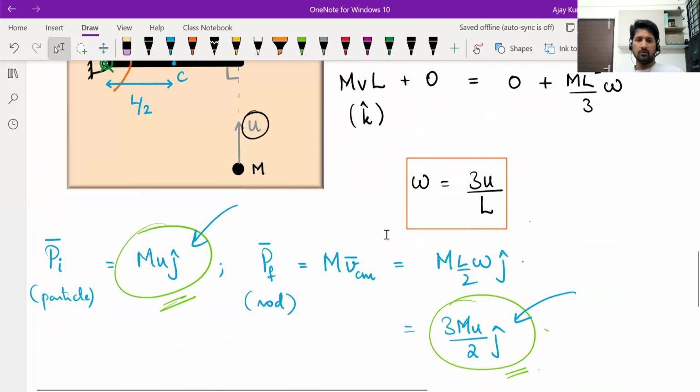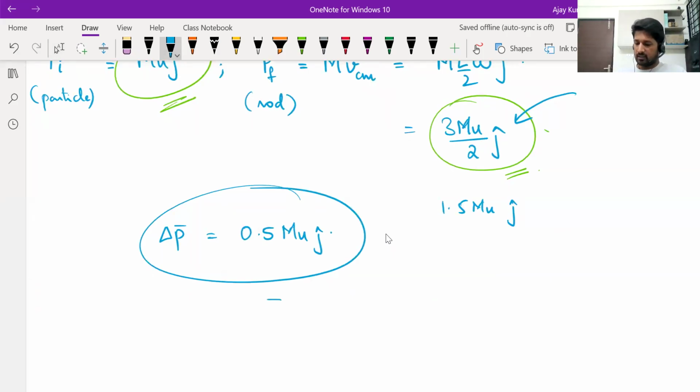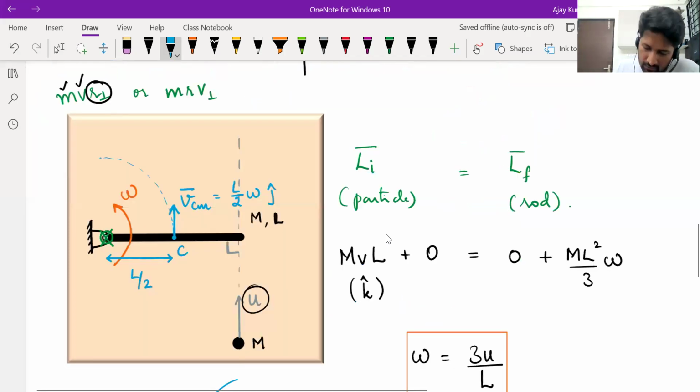But now we found that the change in momentum is in the y direction. That means the force exerted by the pivot must have acted in the y direction. So the force exerted by the pivot during the collision must have acted this way. That is what is interesting.